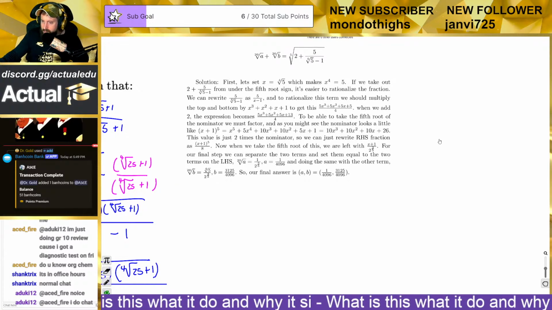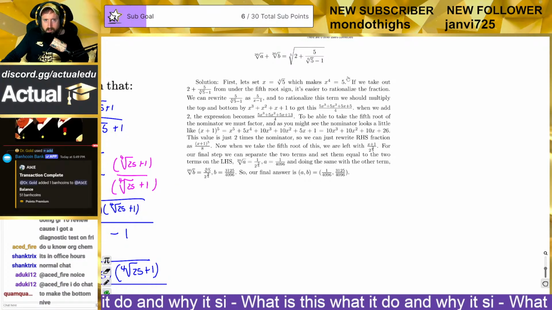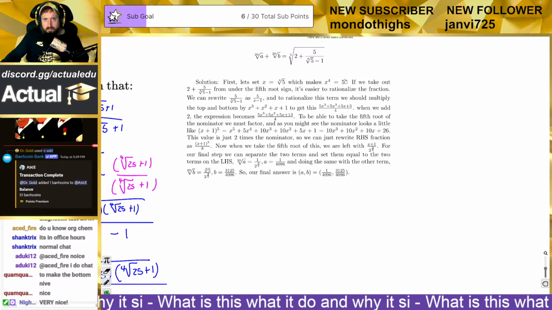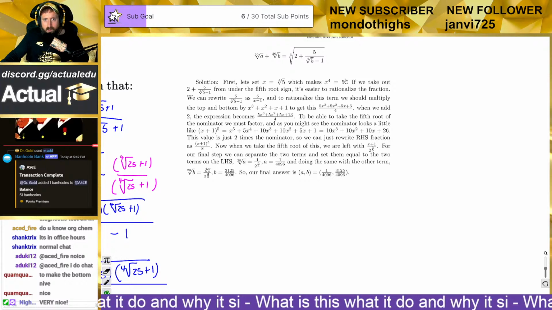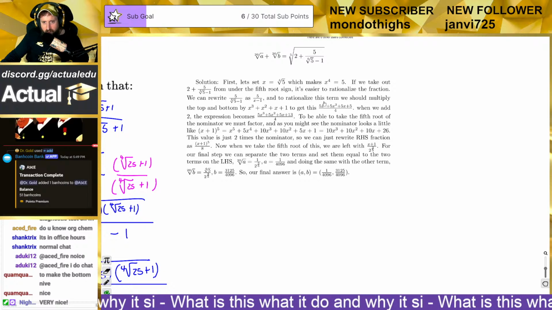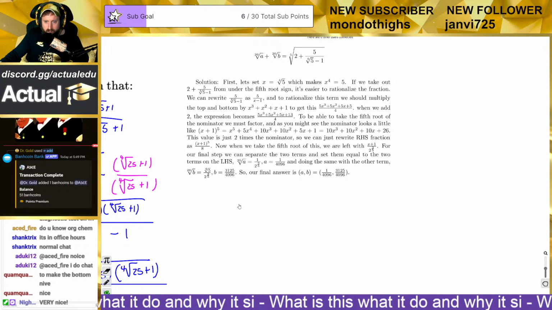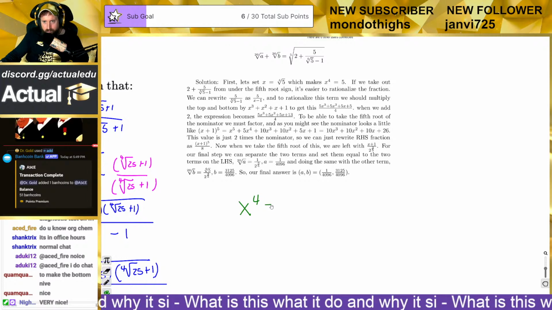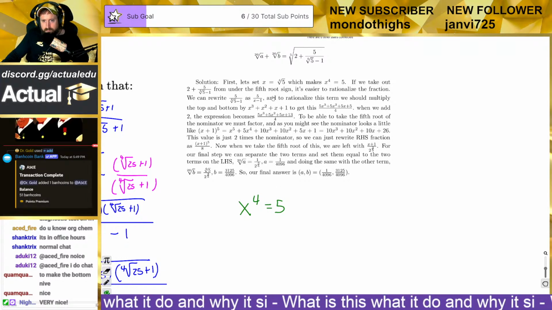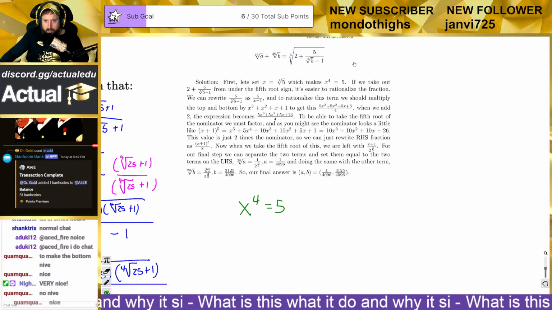Sorry, what? To make the bottom 5? How? Sorry. X to the 4th is equal to 5. So you're gonna rewrite the 4th root to 5.